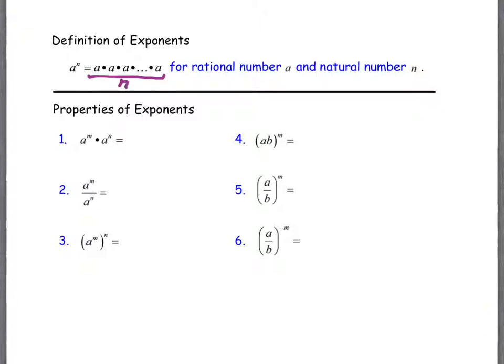And we have 6 different properties of exponents, at least to start with, that we're going to take a look at. And what I want to do first is I want to help you remember these properties. And then what I'd like to do is show you why they work. Okay? So I want you to keep in mind on your homework, I'm wanting you to just use the properties. I'm not asking you to re-establish the fact that we've done in class. That's not the point.